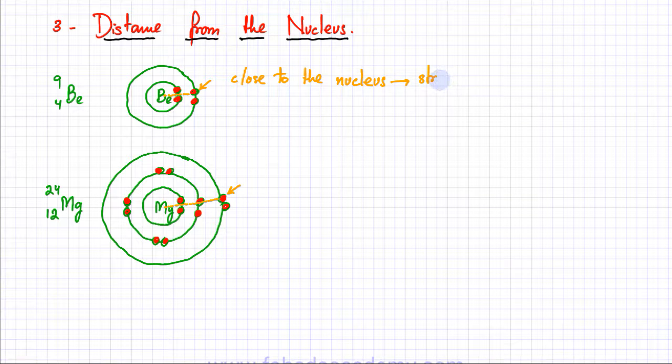So there's a stronger force of attraction, which means it's harder to remove this electron. You would need a lot more ionization energy. So ionization energy in this case is going to be higher.